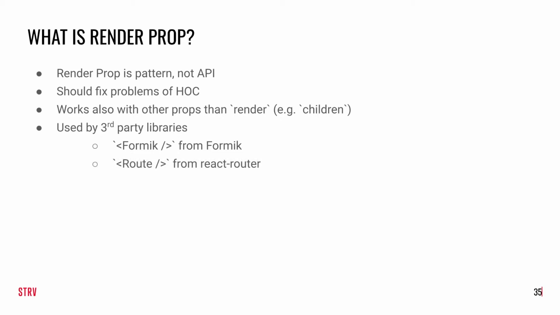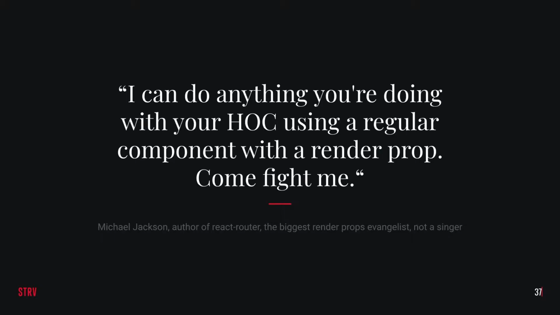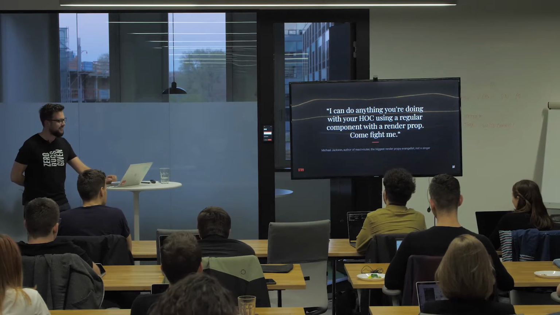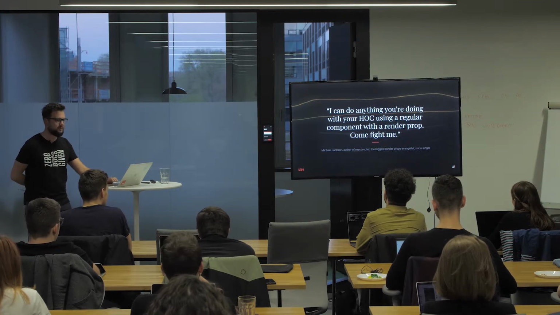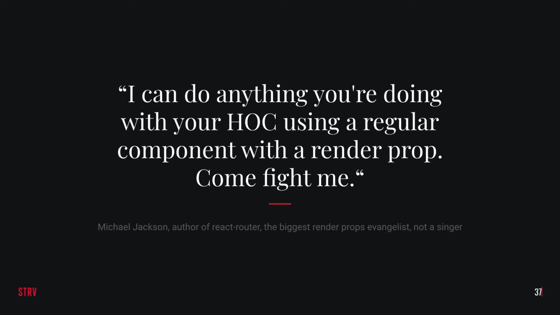Route from React Router is a render prop, and React Motion was the first library that started using render props. And what can it do? Well, this is a tweet that Michael Jackson posted. Michael Jackson is one of the authors of React Router, not that singer, and he's the biggest advocate of render props. So as he wrote there, it can do anything you can do in HOCs, and yeah, you can fight him.